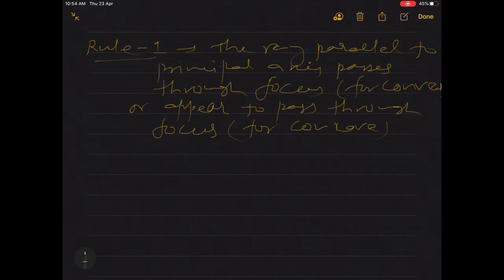So that we can see separately by drawing the diagram.